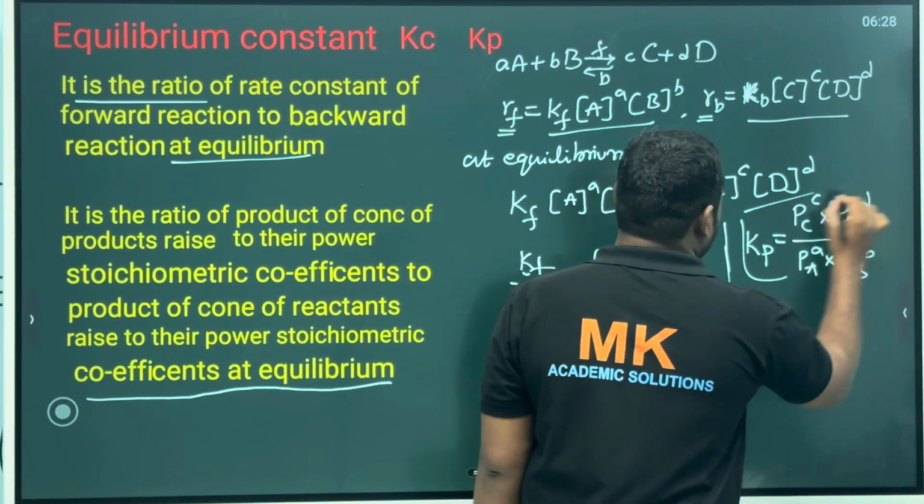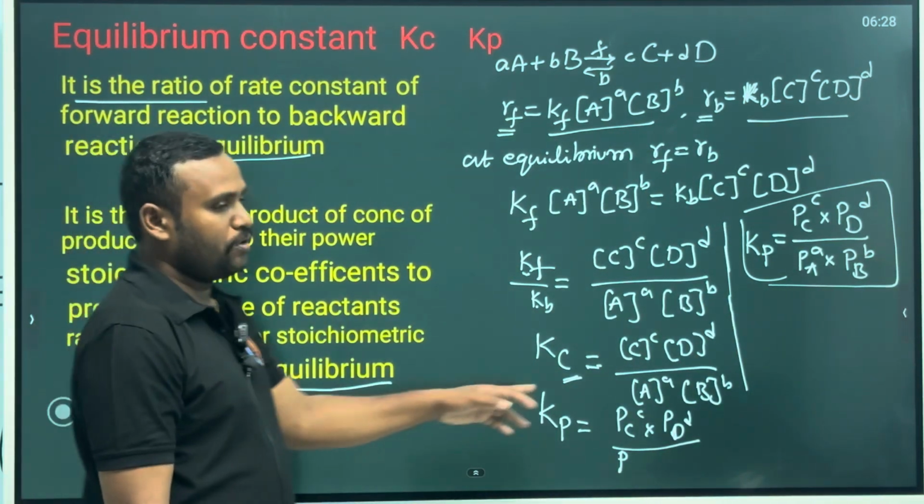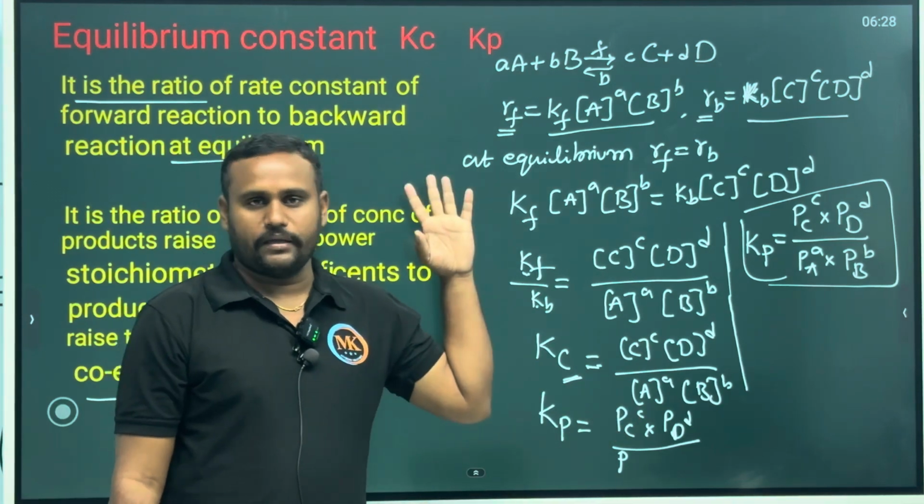So if you take the partial pressures, we write the Kp. If you take the molar concentrations, we write the Kc.